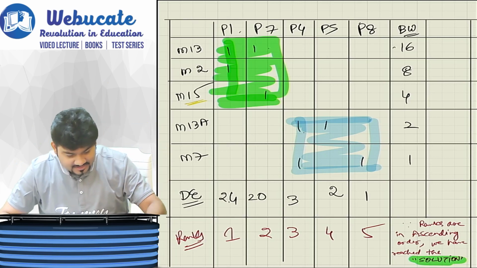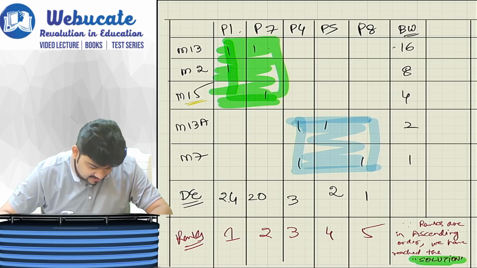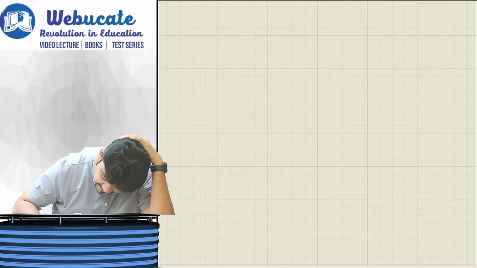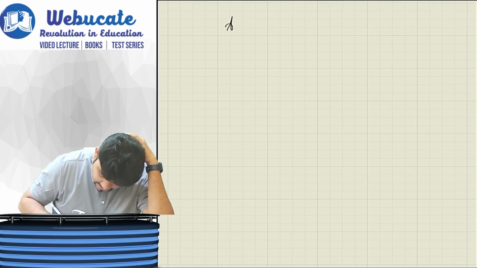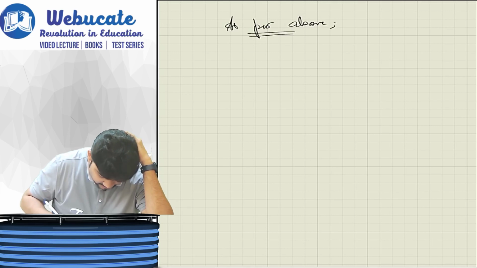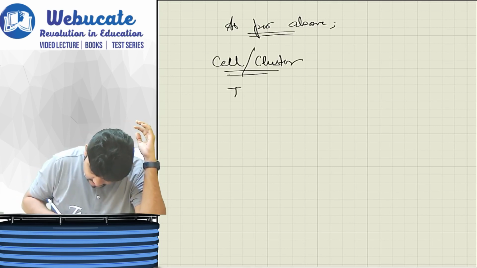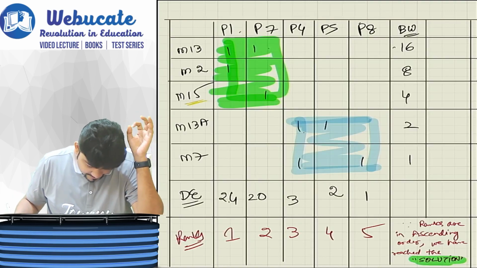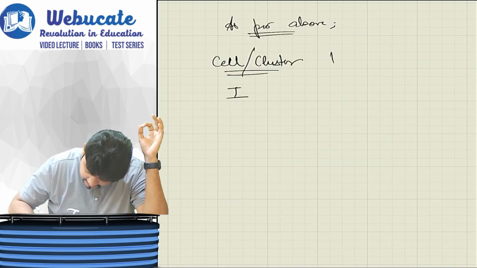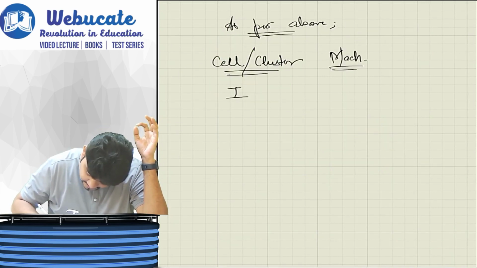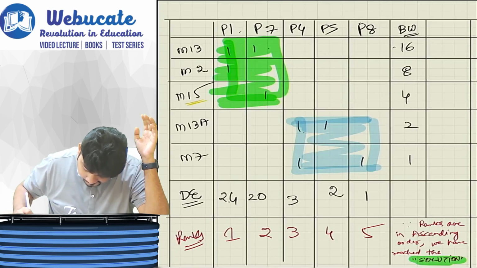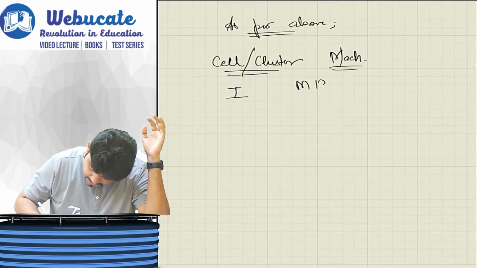And finally, this is our solution. So we will say, as per above, what is the machine cell or cluster that we are going to make? First cluster is for machines M13, M2, M15.